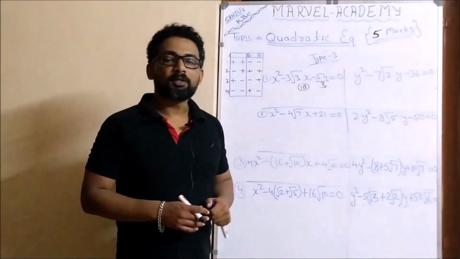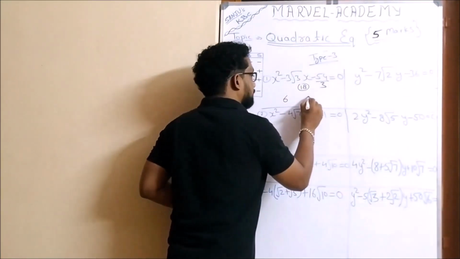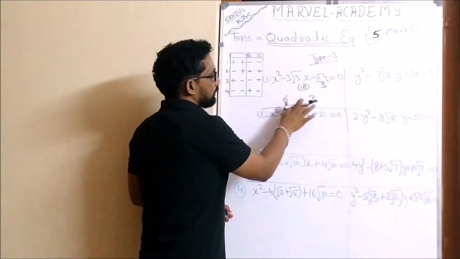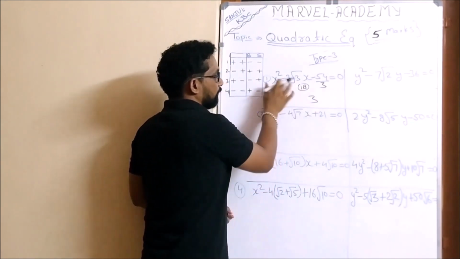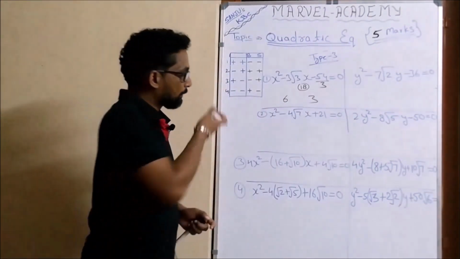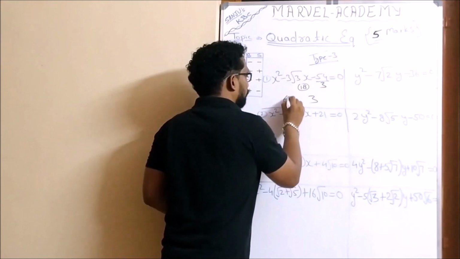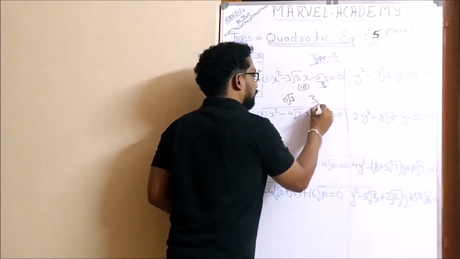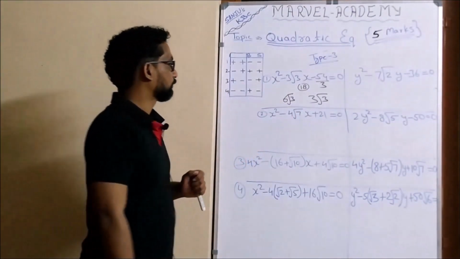So what will be the factor values? That is 6 and 3. 6 into 3 is 18 and the difference of 6 and 3 is 3. Now put the root 3 in both the factors.